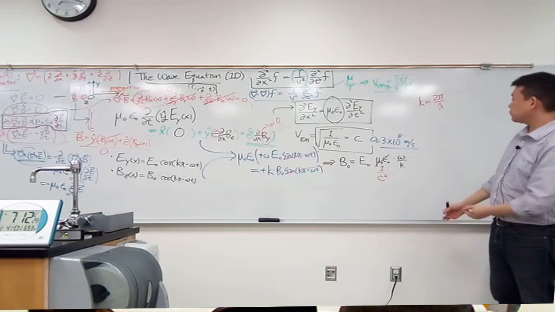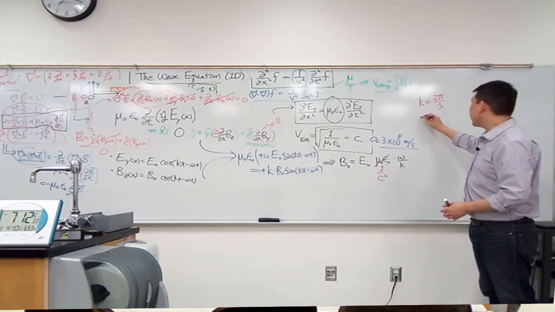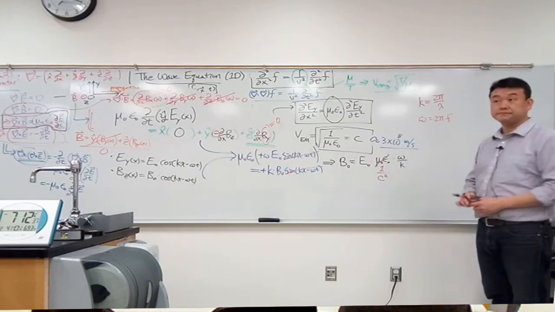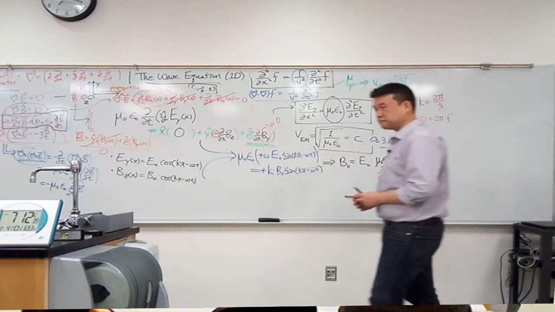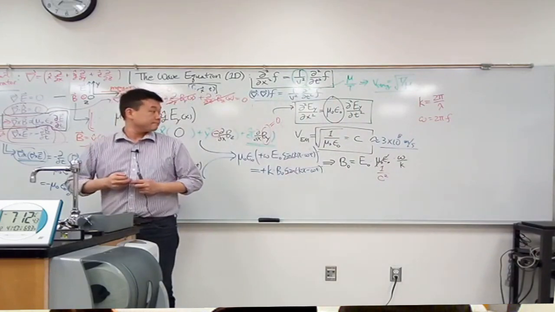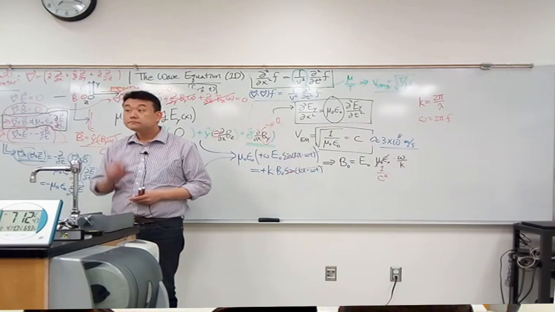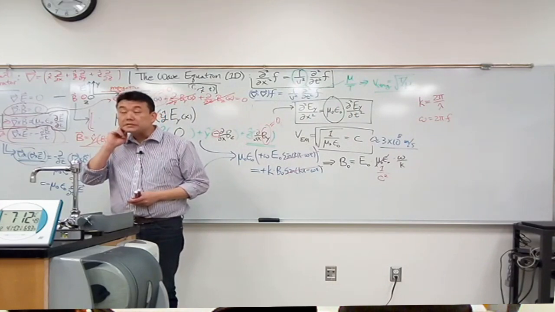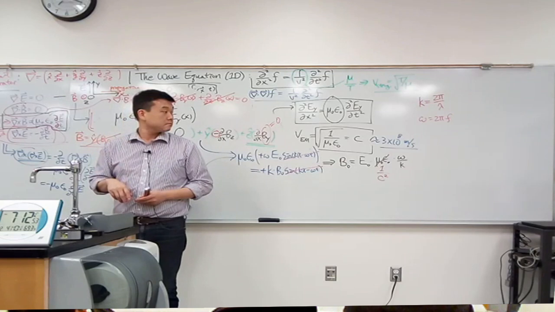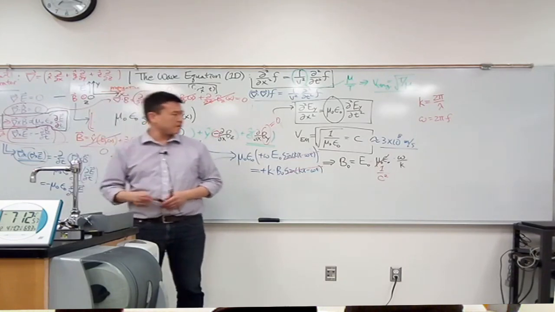And if you want me to write it down, omega is related to frequency by 2 pi times frequency. So what's omega over k? Can you say it louder? Would it just be omega over lambda? Oh, sorry, no.